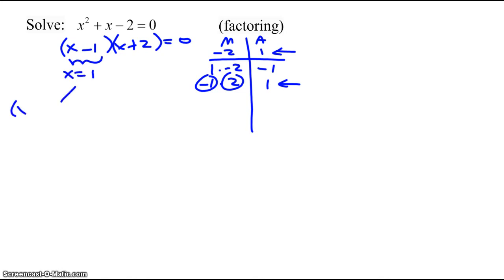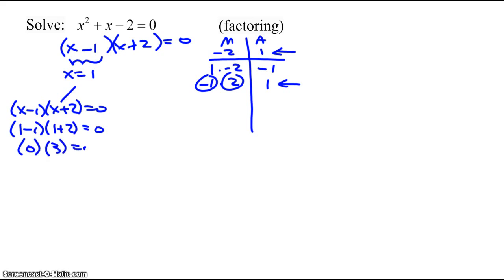If you take x minus 1, x plus 2, and you plug in 1, you get 1 minus 1, 1 plus 2. But that makes this 0 times 3, and so the entire left side is 0 because that factor is 0. And so x equals 1 is one of the solutions, right? And I have a second factor here, and so there's an x value that will make that 0, and that would be -2.